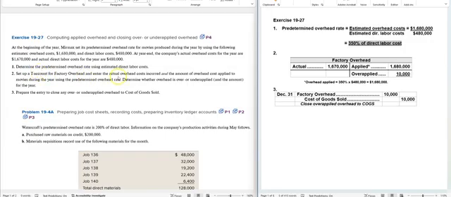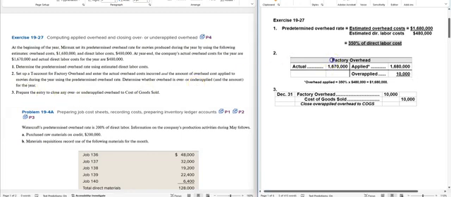They want us to enter the actual overhead cost incurred and the amount of overhead costs that would have been applied to their movies, their inventory items that they produced during the year using that predetermined overhead rate. Then they want us to determine, did they over or under apply their overhead for the year?